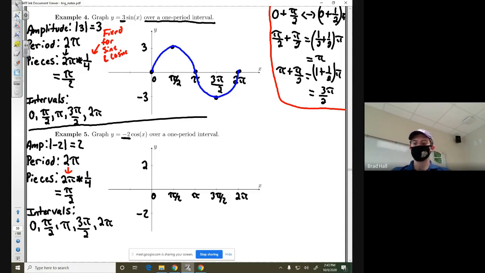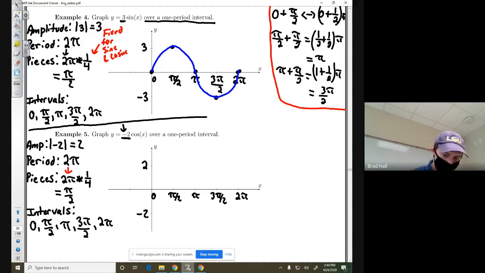So there's one thing, though, that I didn't address before that I'm going to address now. It is going to flip. There is a reflection. There's a reflection because of that guy right there. There's a negative sign in front of this whole function.